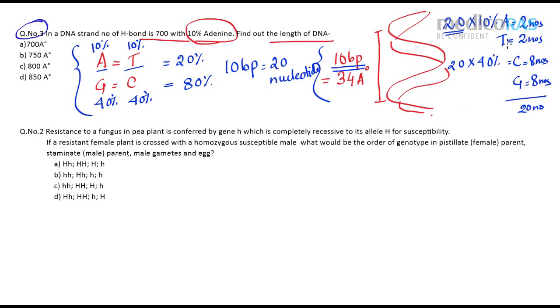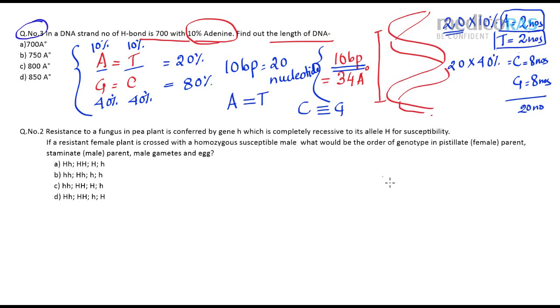Now you see here we have adenine 2 number, thymine 2 number, correct? So we know adenine and thymine actually bind with double hydrogen bond, and guanine and cytosine bind with triple hydrogen bond.